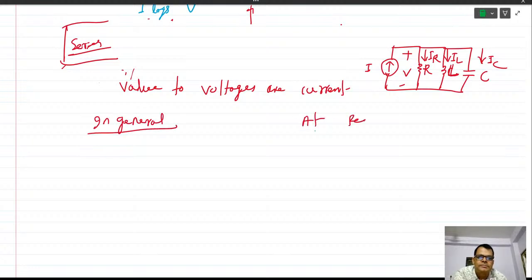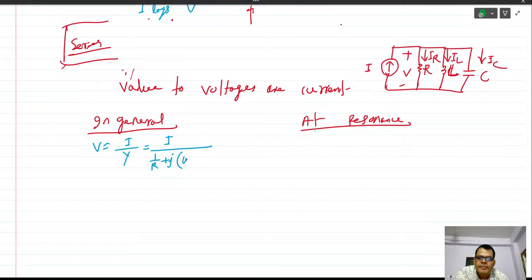So in general, at resonance, you have V equal to I upon Y, that is I upon (1 upon R plus j(omega C minus 1 upon omega L)), and at resonance your V equals I into R, that is maximum.